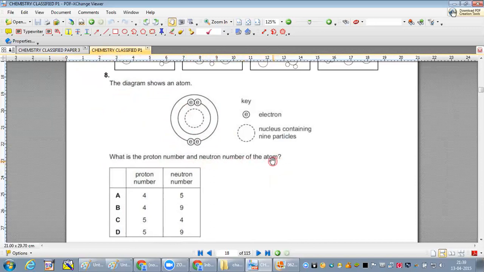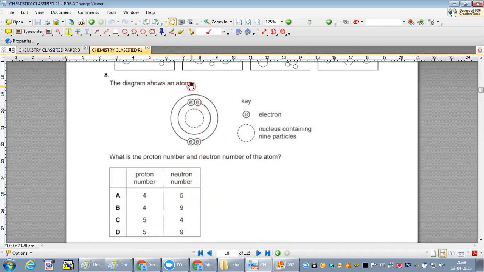Because here there are 4 electrons, the proton number has to be 4. Now you cannot have neutron number 9 with 4 protons. So it has to be A. For proton number 5, you need 5 protons.